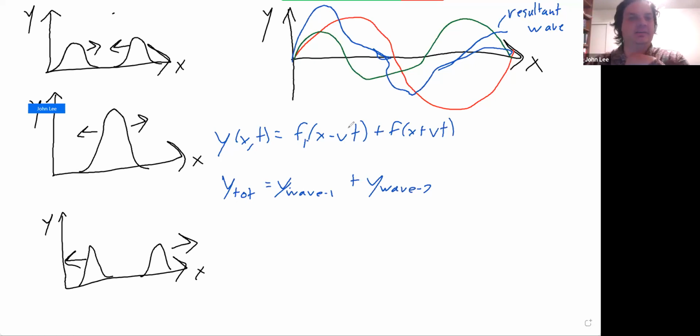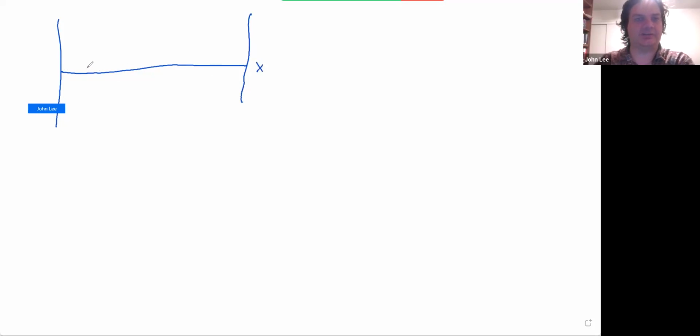I think this is interesting, but one of the ways that you can talk about it more is if you're talking about standing waves, which is waves where, let's not even make this a graph. Let's just show x. This is x in the horizontal direction, and then this is the actual y.